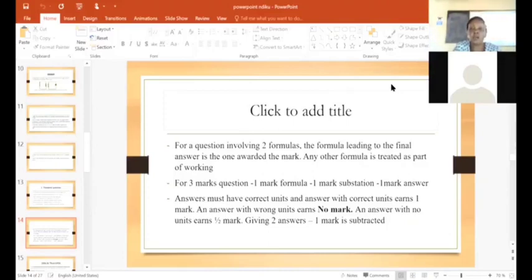When giving answers, the answer must have correct units. If the answer has correct units, it earns 1 mark. An answer with wrong units, no mark. An answer with no units will earn 1 mark.